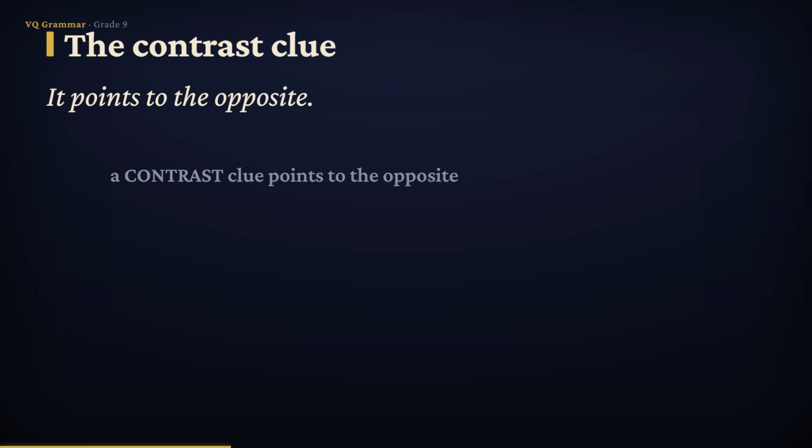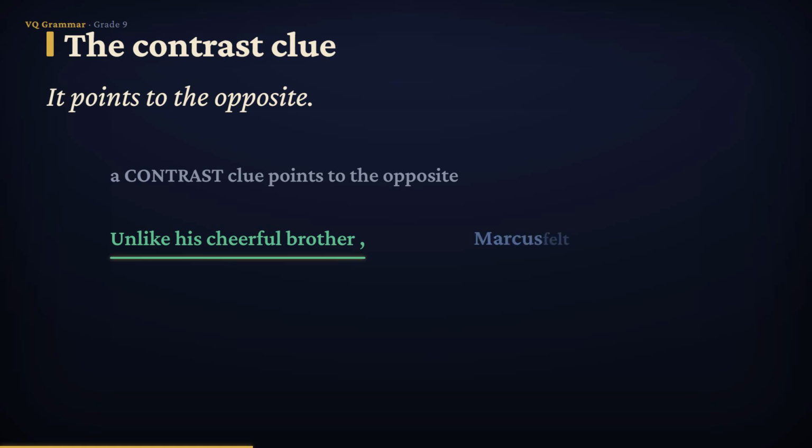Now a clue that works by opposites, the contrast clue. Instead of telling you what the word means, the sentence tells you what it does not mean. Watch for signal words like unlike, but, and however. First, unlike his cheerful brother, Marcus felt morose. That little word unlike signals a contrast, so morose must be the opposite of cheerful, which points you straight to gloomy.